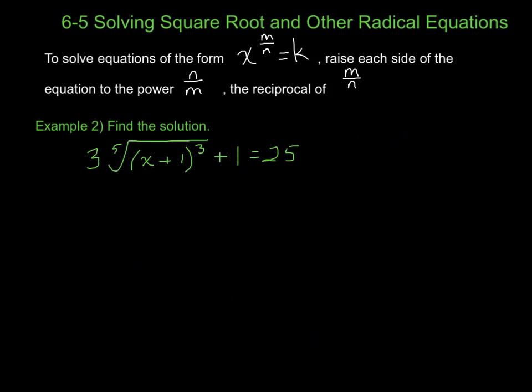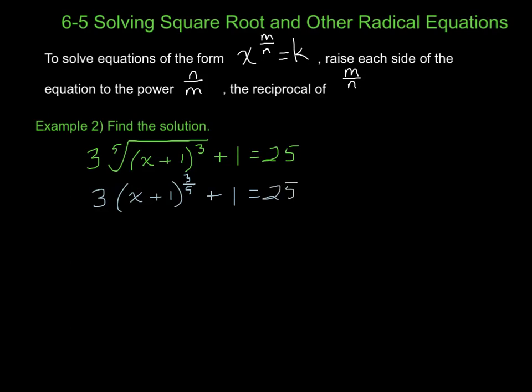Here we have 3 times the fifth root of x plus 1 cubed plus 1 equals 25. First, I'm going to rewrite the radical using a rational exponent. So we have 3 times x plus 1 to the 3/5 power plus 1 equals 25.